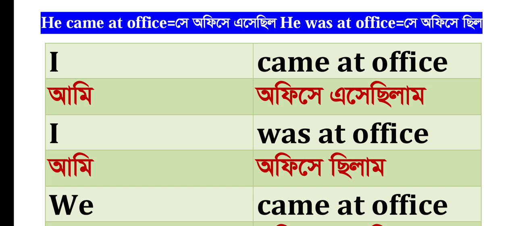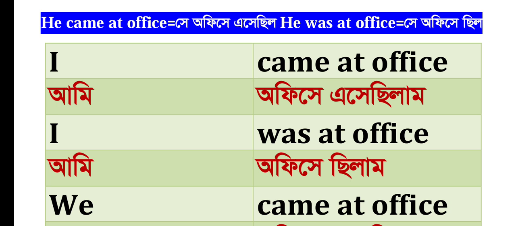Then it will be one time, and thus you have to read 5 times, then you will be able to understand properly. And also at first I have given the headlines, he came at office, office এসেছিল, he was at office, office ছিল. These are the headlines to understand easily.